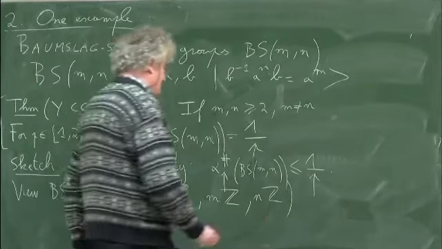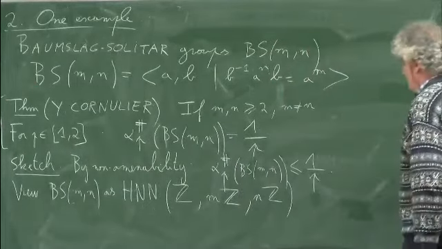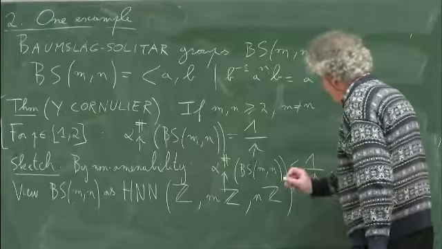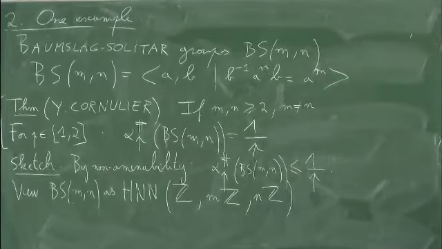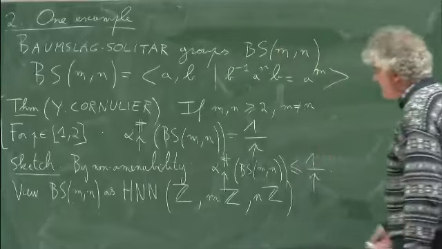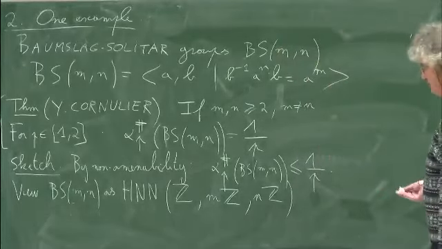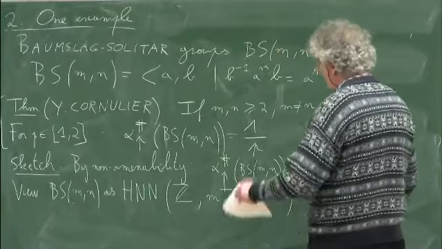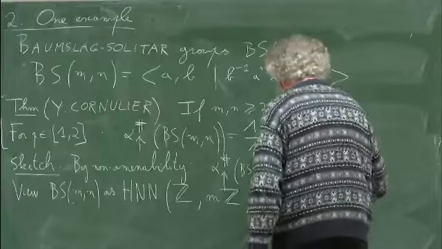And the point is that there is the Bass-Serre theory on groups acting on trees, which applies to HNN extensions, and which gives us immediately an action of this group on the (m+n)-regular tree.